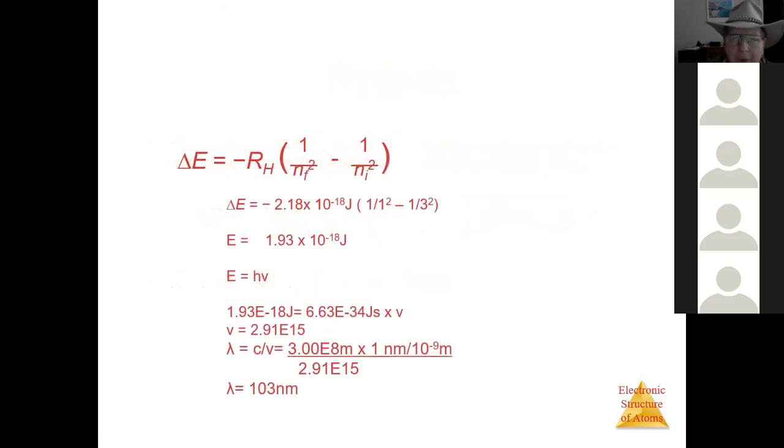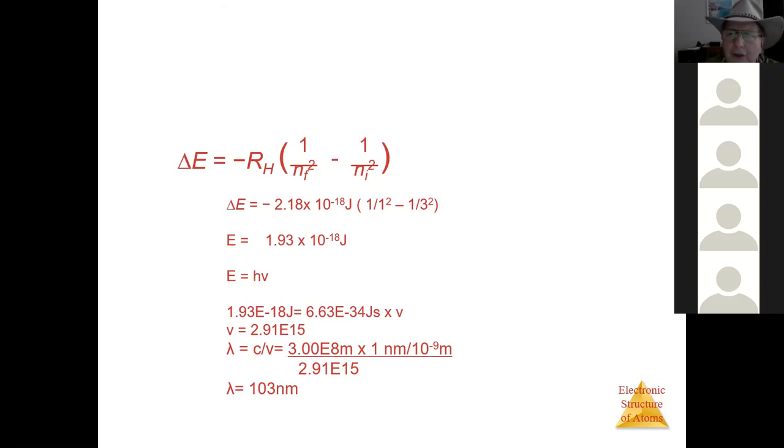Now, this is a negative number, right? We've said it's negative, but you have to understand that the negative nature is only defining whether it's endothermic or exothermic. The frequency doesn't care whether it's endothermic or exothermic.